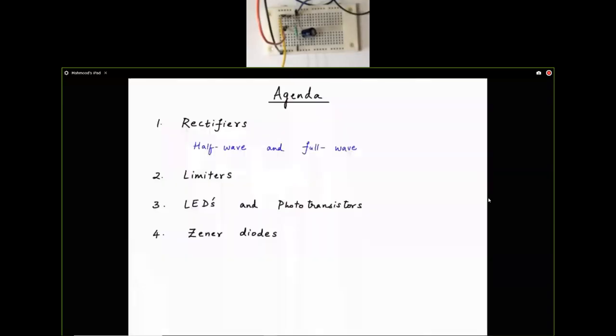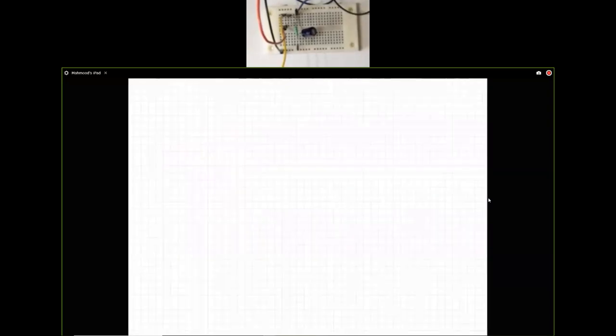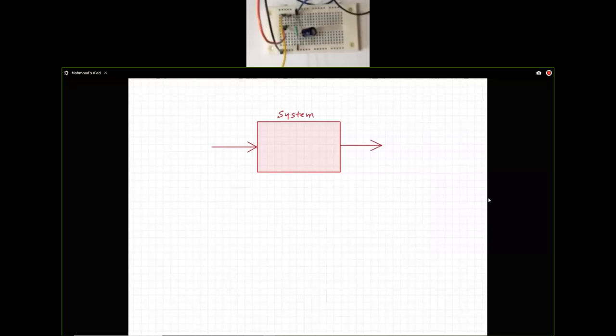So let's suppose there is a circuit here. I'm going to put, say for example, a system which is able to accept an input to do something on it and give an output out.